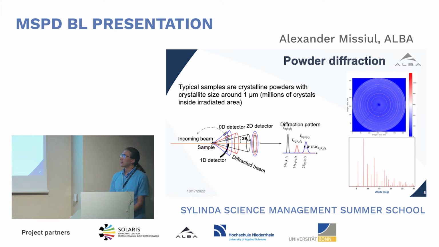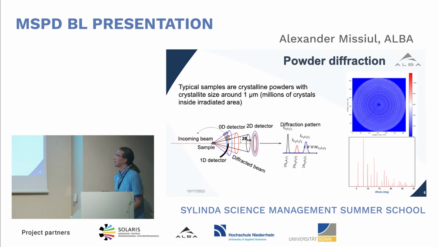We can analyze this diffraction pattern using either point detectors, which we just scan along these 2 theta angles, or we can take a one-dimensional detector, which gives the picture across some angular range, or we can use even a 2-dimensional detector and get the whole diffracted rings.